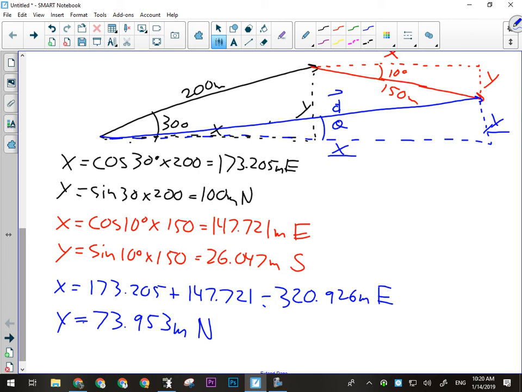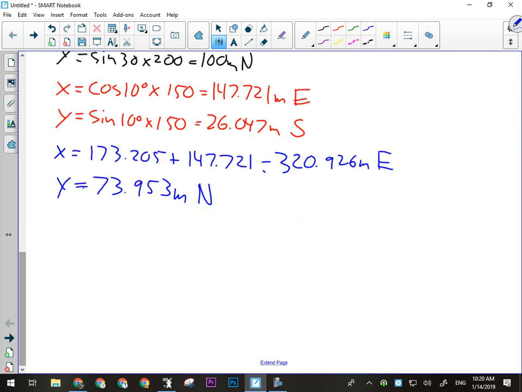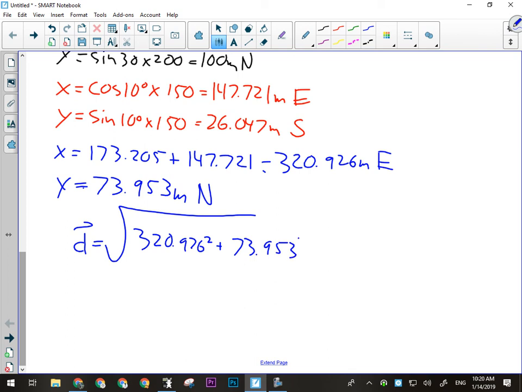Okay, now that I have those, what can I calculate with those? Yeah, I can calculate D. I can calculate the resultant's magnitude, and then I'll use them to calculate the resultant's vector as well. So first thing I need to do is a Pythagorean theorem calculation. My overall displacement, which is my resultant, will be 320.926 squared plus 73.953 squared.